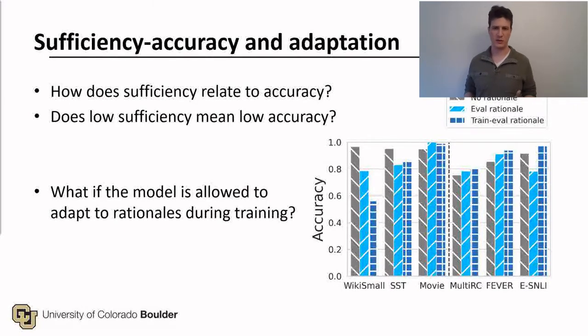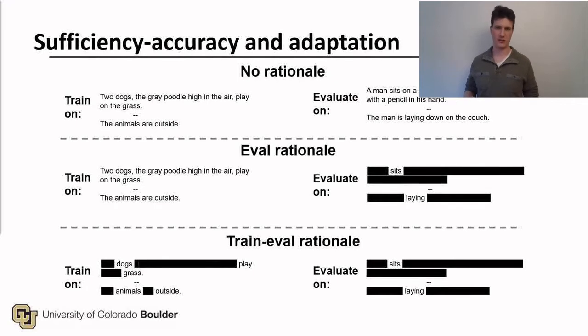In this plot, we investigate the accuracy of the Roberta model when trained and evaluated on full information versus trained on full and evaluated only on rationales, as well as when it is both trained and evaluated on rationales. This is a visual illustration of what I mean. You can see in the three different conditions, the full information is either used or not used during training, and either used or not used during evaluation.